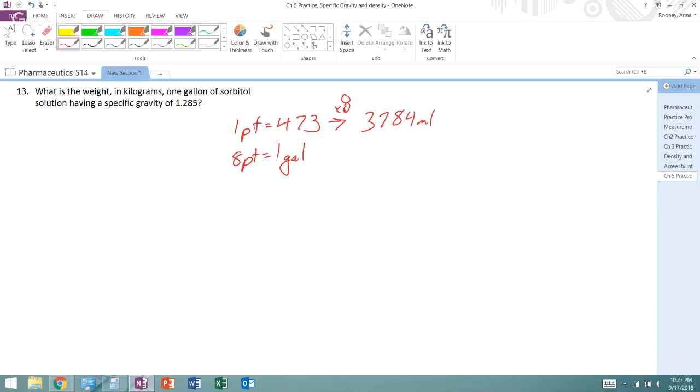Okay, and then we just take our milliliters, which is 3784 milliliters, and we multiply it by the specific gravity. Grams.